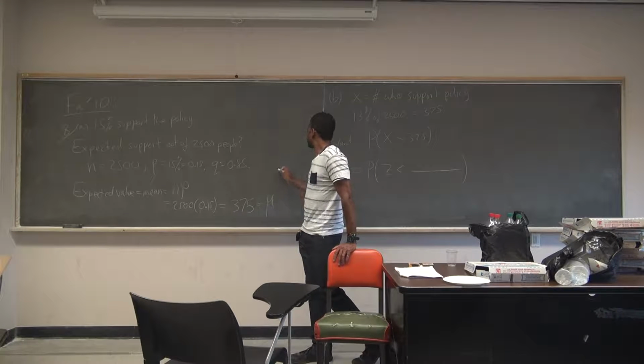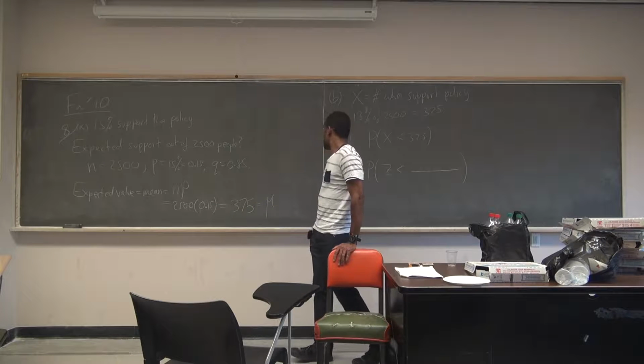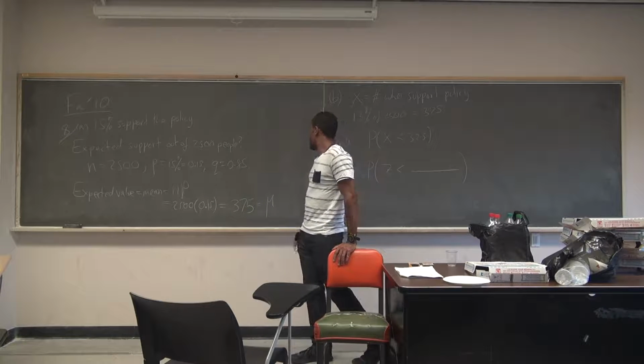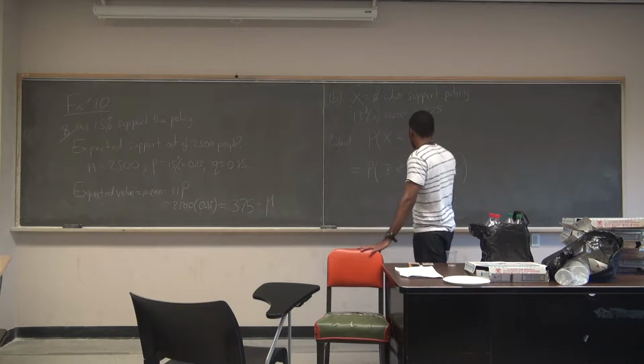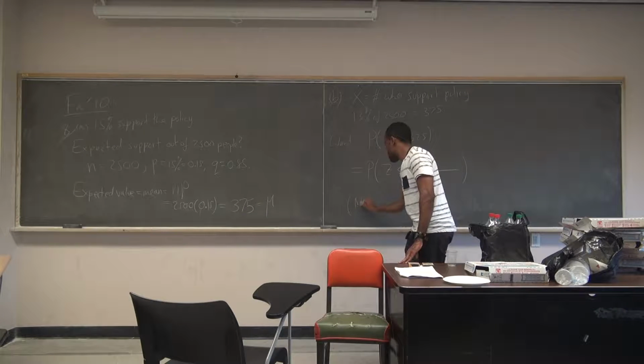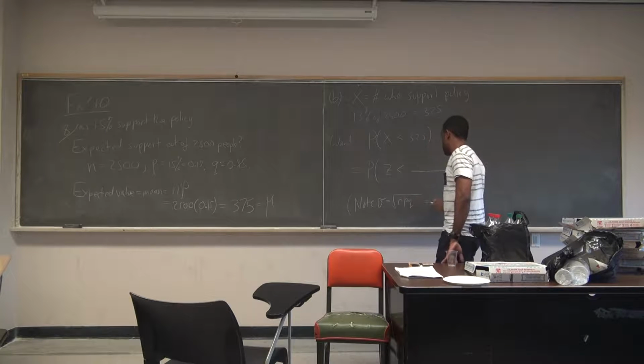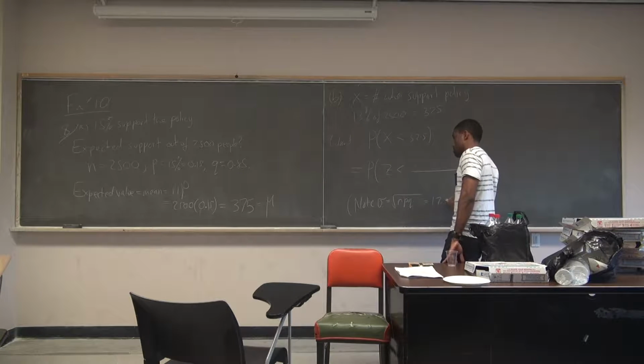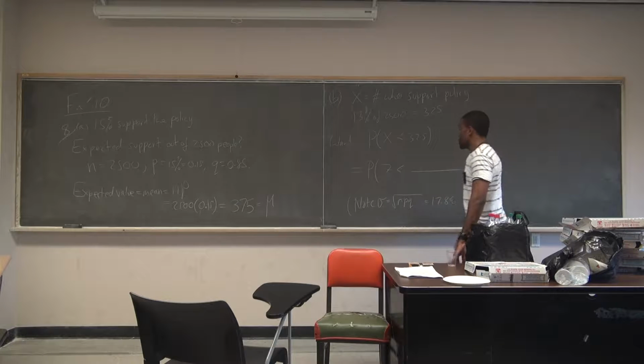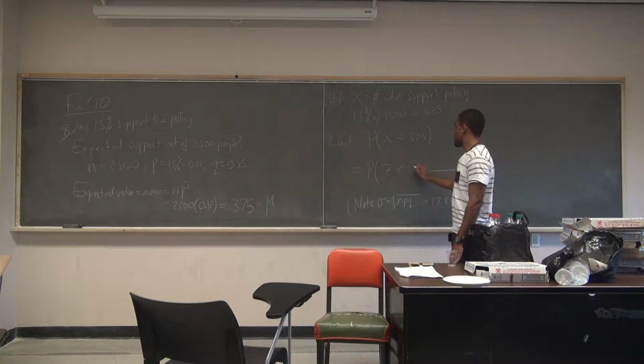It's the square root of npq, which is going to be 17.85. Okay, so now I'm going to do x minus the mu over the sigma.